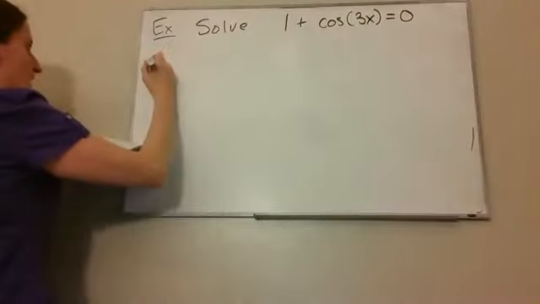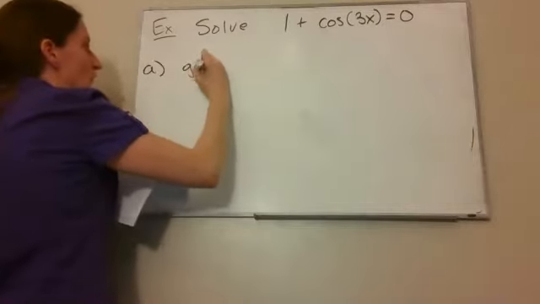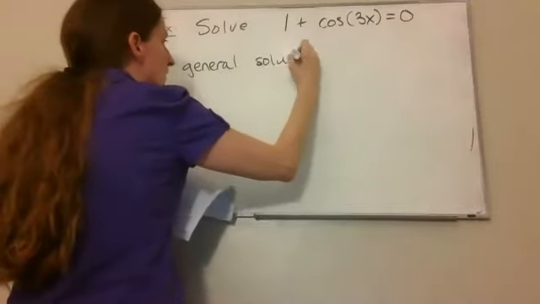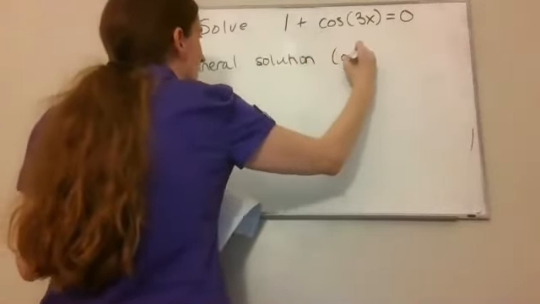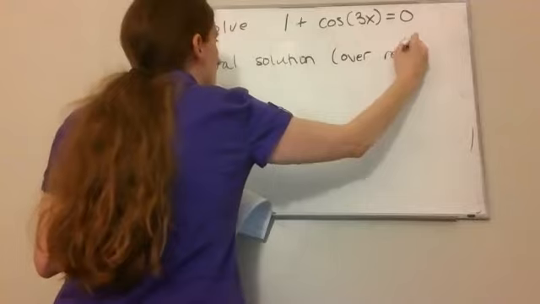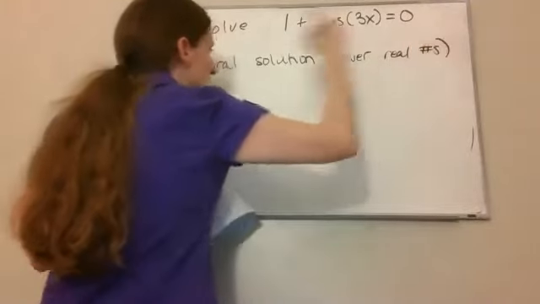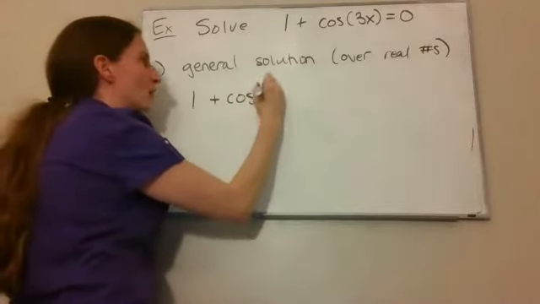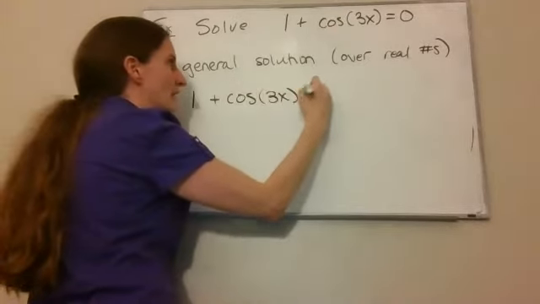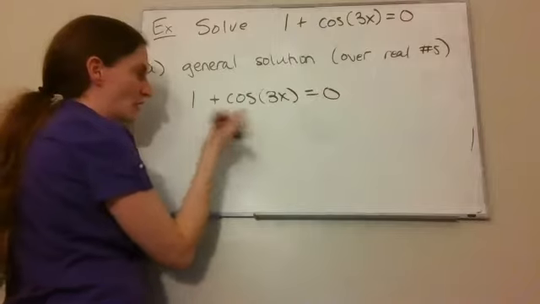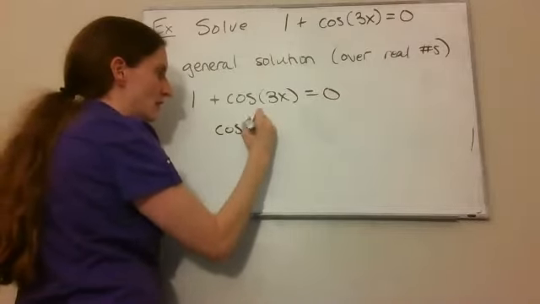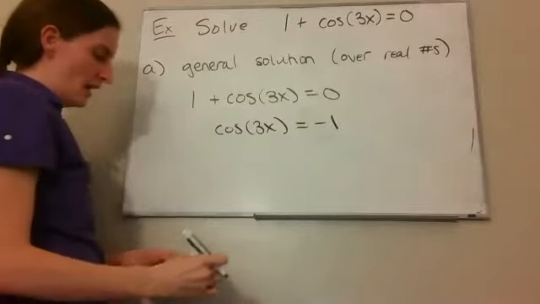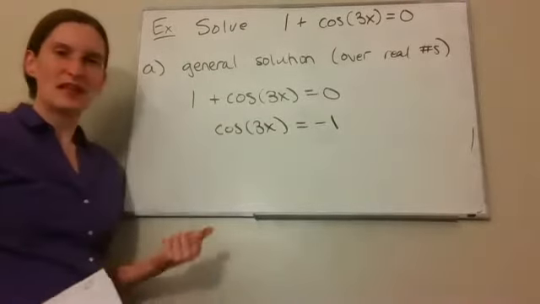And first, let's just get a general solution, so over the real numbers. Well, I would start the same way I started the last problem. I want to isolate the x, so I would start by subtracting 1. And now I just have to think about what this means.